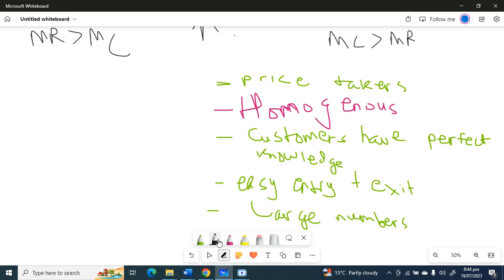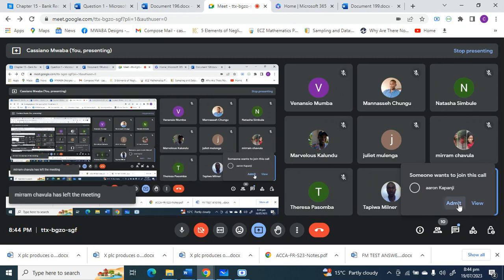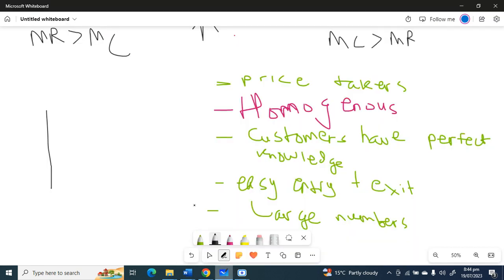And in this type of market structure, demand is perfectly elastic. Colleagues, what do we mean by that statement when we say demand is perfectly elastic? Meaning, when you calculate the PED, price elasticity of demand, you get infinity.